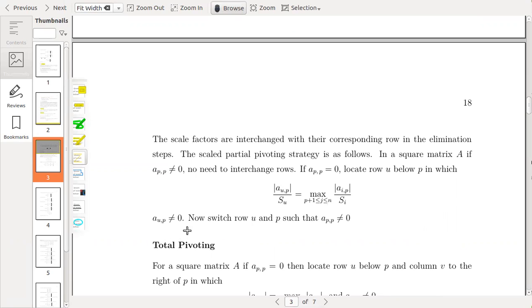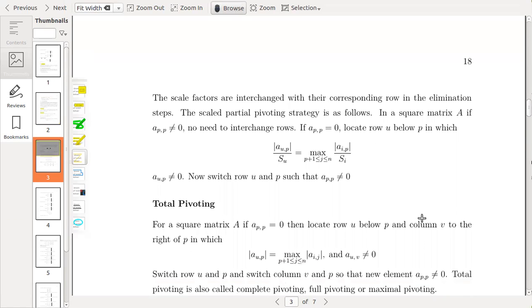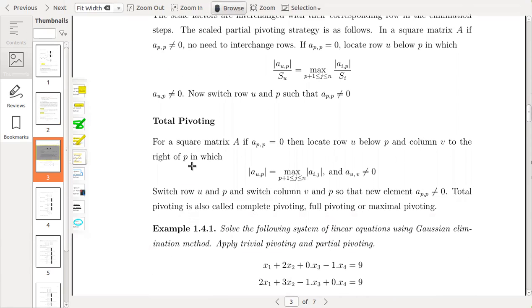So in this case, we will obtain A_up not equal to 0. Now switch rows u and p such that A_pp is not equal to 0. This we will explain by giving some examples to understand how the scaling factor can be computed.